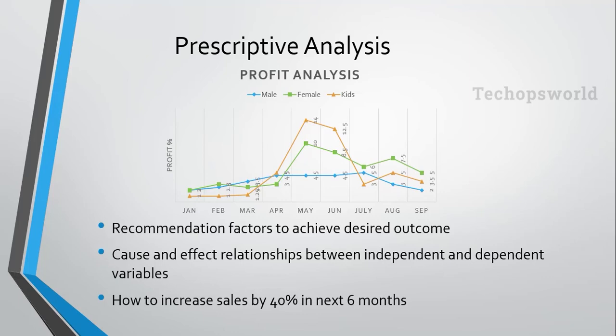In the kids category, the maximum is also in May, maybe because schools reopen then and people purchase more things for their kids. In the female category, the maximum profit percent was recorded in May, June, and August. So maybe May, June, and August are festival months where women tend to purchase more.